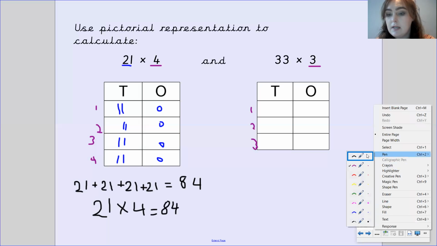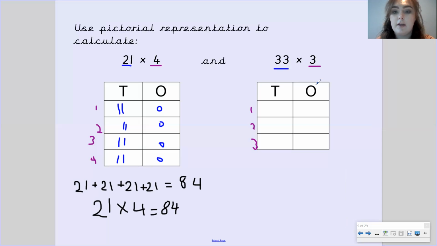And then we know that within each group, we have got 33, which means in our ones column, we need to draw 3 ones. And in our tens column, we need to draw 3 tens. And we need to do that for every group. So 3 ones and 3 tens, 3 ones and 3 tens. Now what I want you to do is work out the answer for 33 times 3 by adding them up together, and remember you need to start with your ones column. So pause the video to work it out.